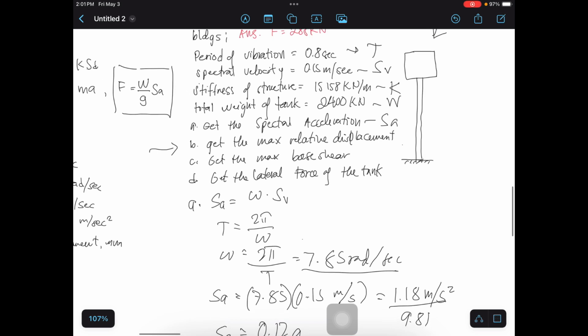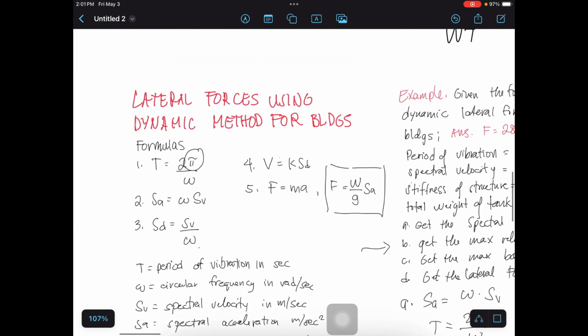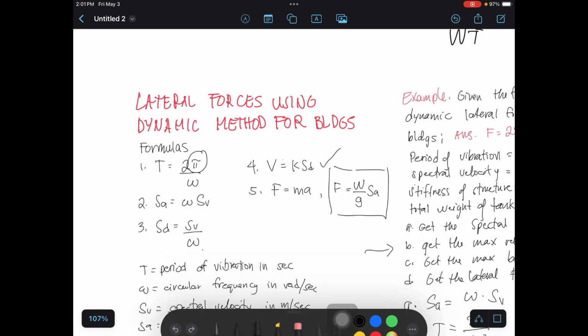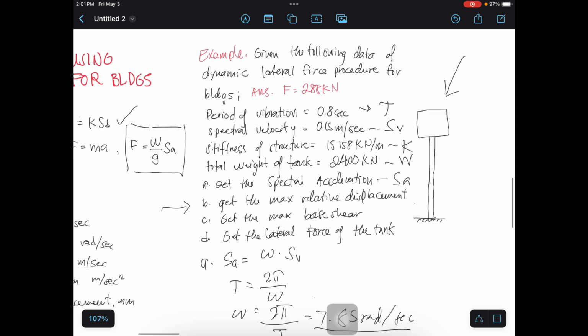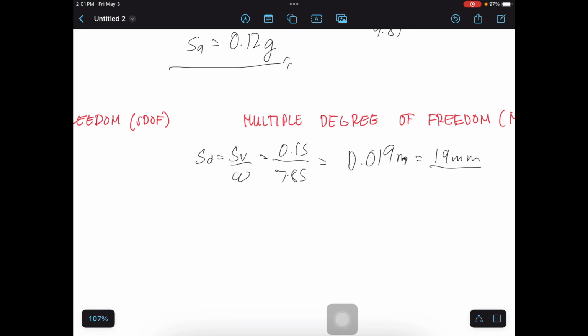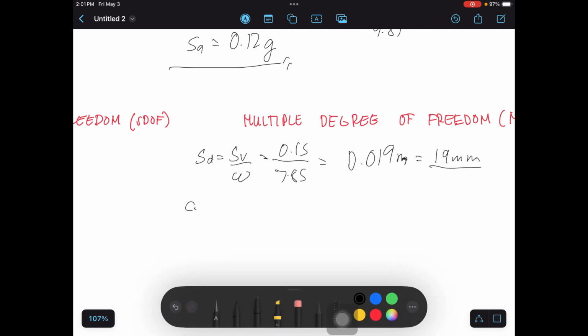Next is get the maximum base shear. We have formula din sa base shear. Stiffness times yung SD. Ano yung given nating stiffness? 15,158. So, letter C na tayo.